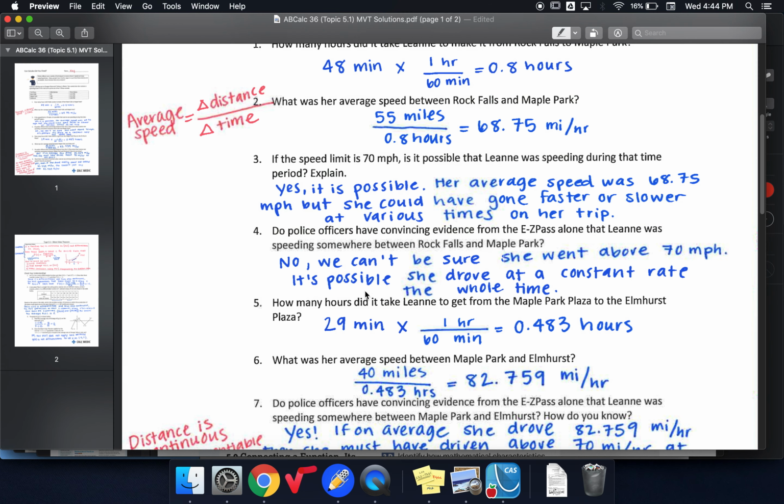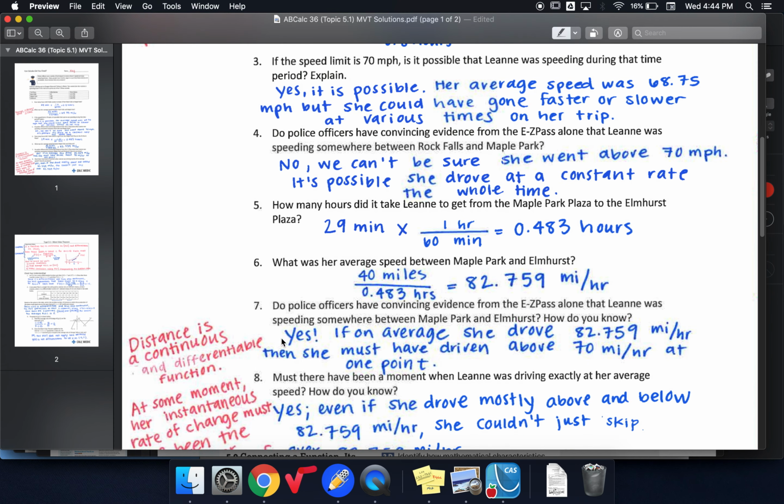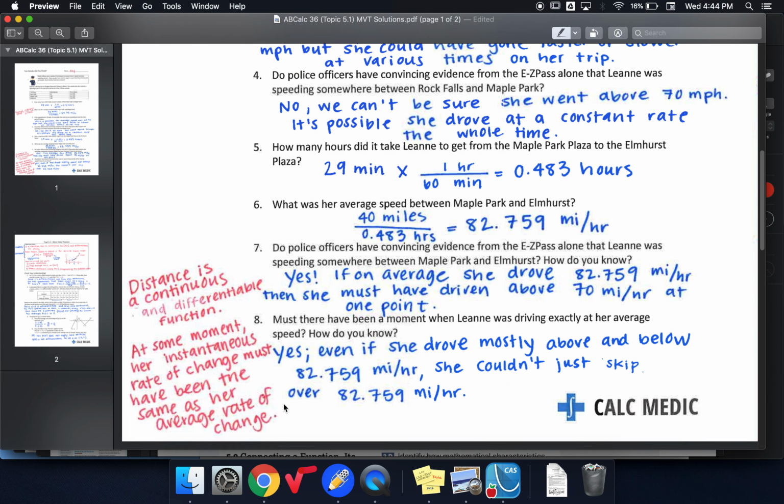Of course, you have these answers in your student folder. So distance is continuous and differentiable. And at some point, she must have had a speed above 70 miles per hour. She also must have hit her average speed at least once along the trip.